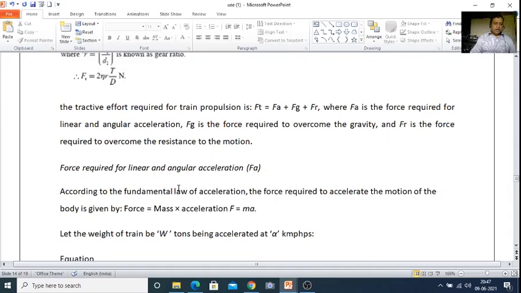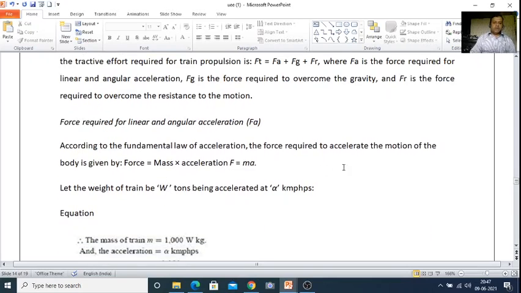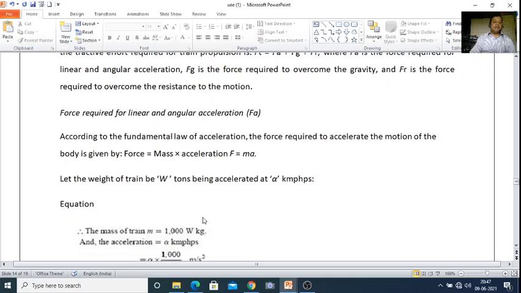Now the force required for linear and angular acceleration is Fa, and according to the fundamental law of acceleration, the force required to accelerate the motion of a body is given by force equals mass into acceleration, that is F equals ma. Let the weight of the train be W tons being accelerated at alpha kmph per second.